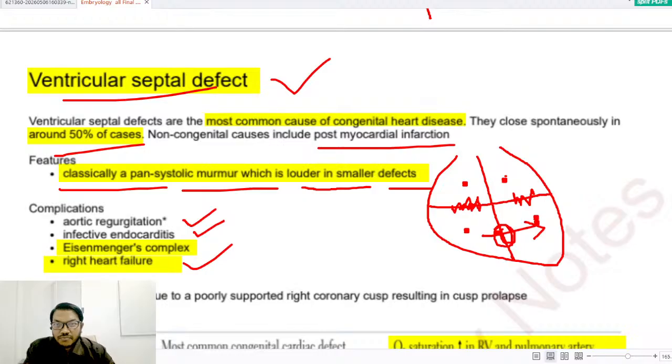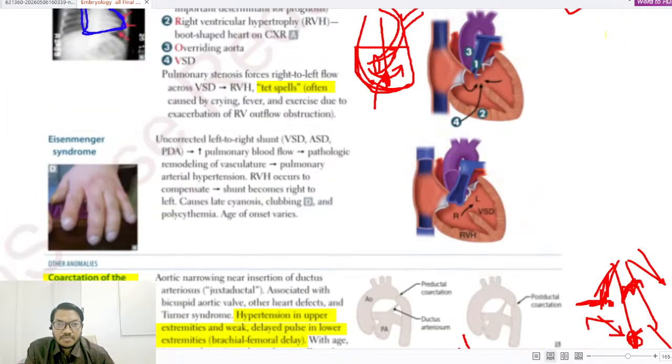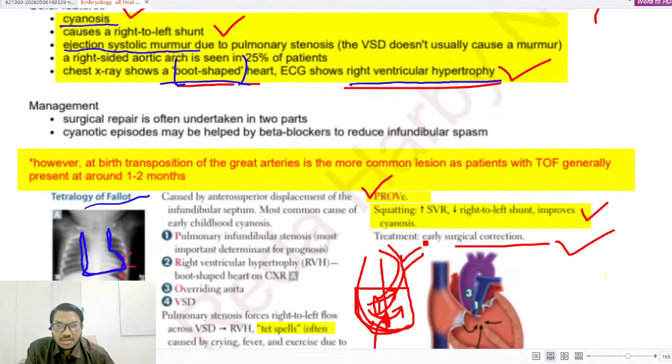Ventricular septal defect. Most common cause of congenital heart disease, occurring in around 50% of cases. Classically a pan-systolic murmur, and previously in TOF it was an ejection systolic murmur, right?